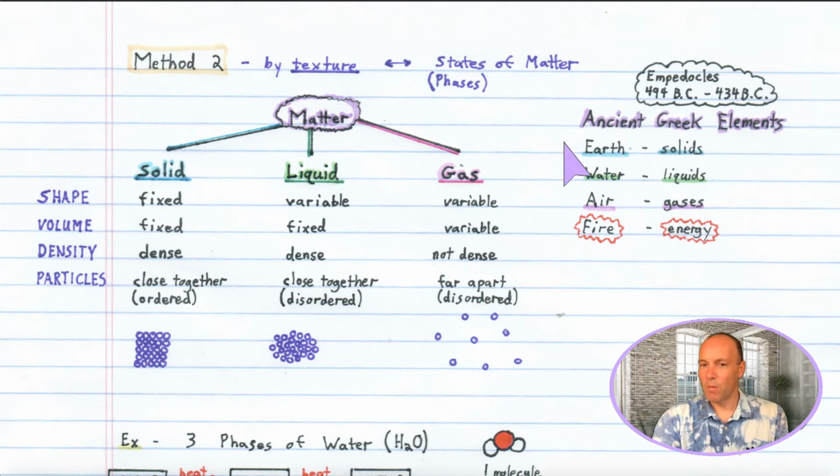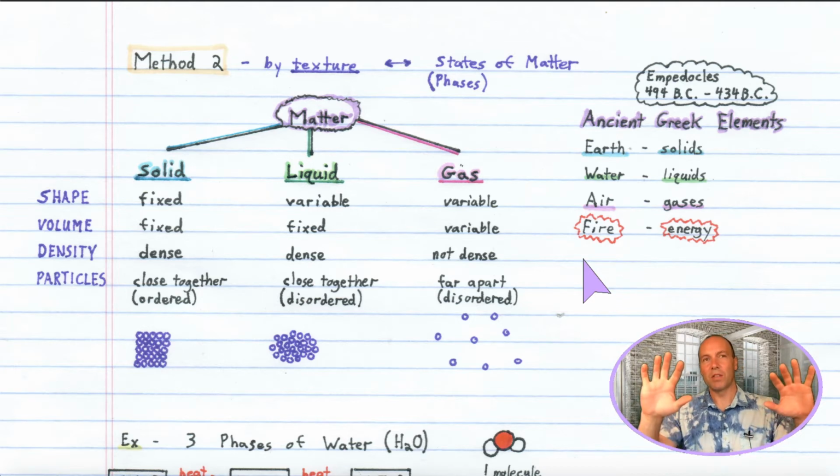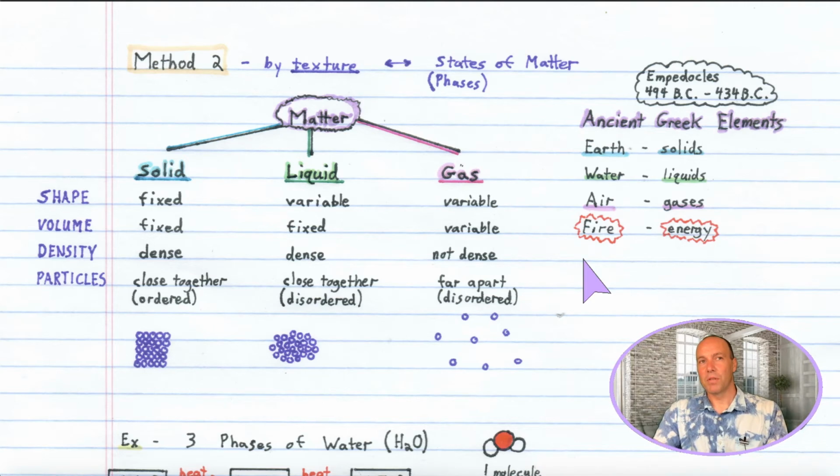Now, there was a lot more to the ancient Greek elements than just this, and we're just touching the tip of the iceberg. For instance, Aristotle, who came a little bit after Empedocles, added a fifth element called the ether, which was the material that stars and such out in the night sky were made of. They never seemed to change, and so they must have been made of some other special type of material, some ethereal or heavenly material.